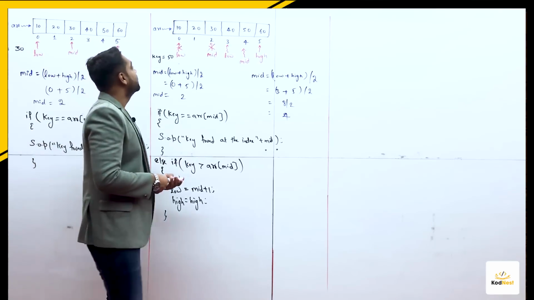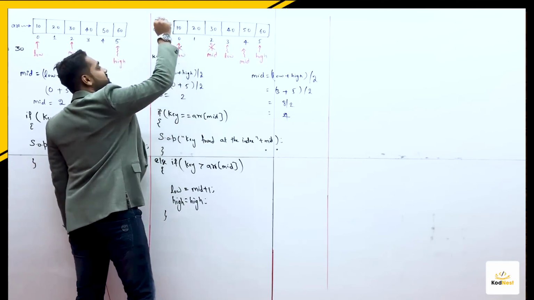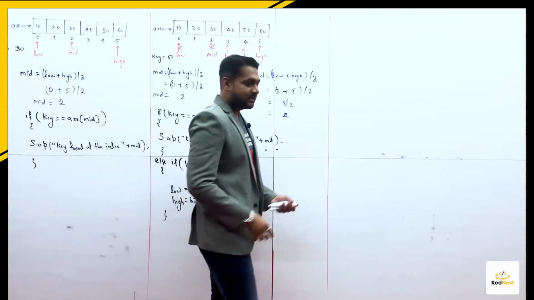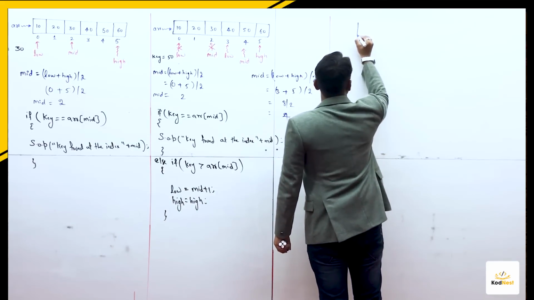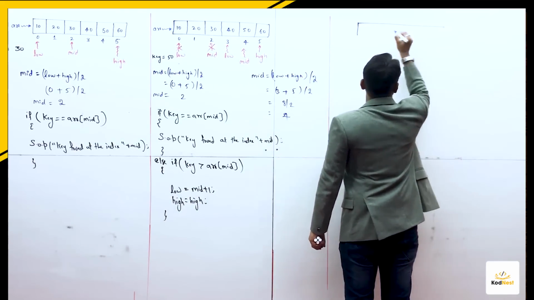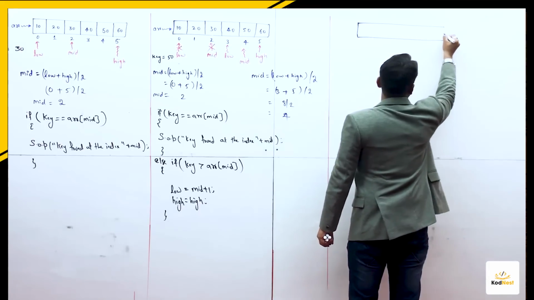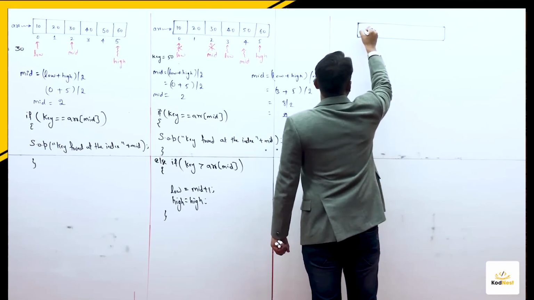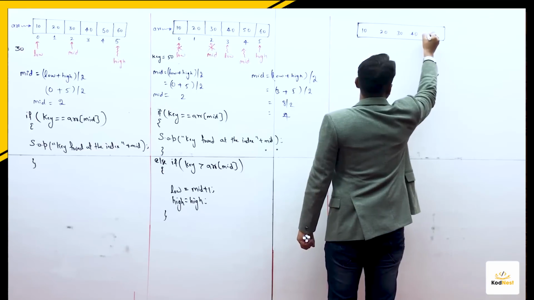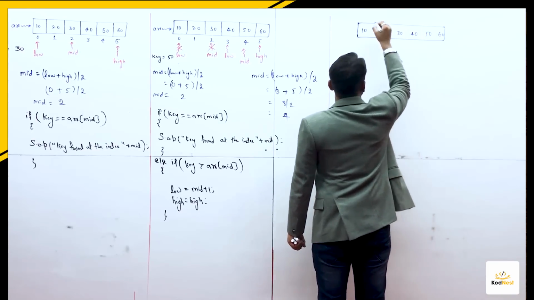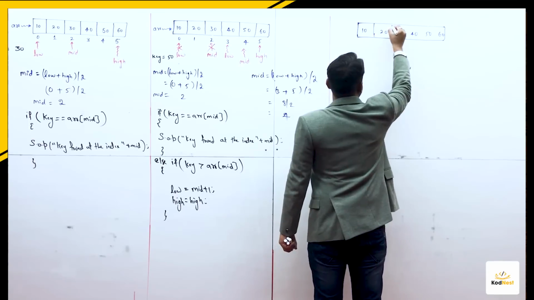Okay, probably I will take 10. This one I would take. Say supposing this is the array. I have 10, 20, 30, 40, 50 and 60.